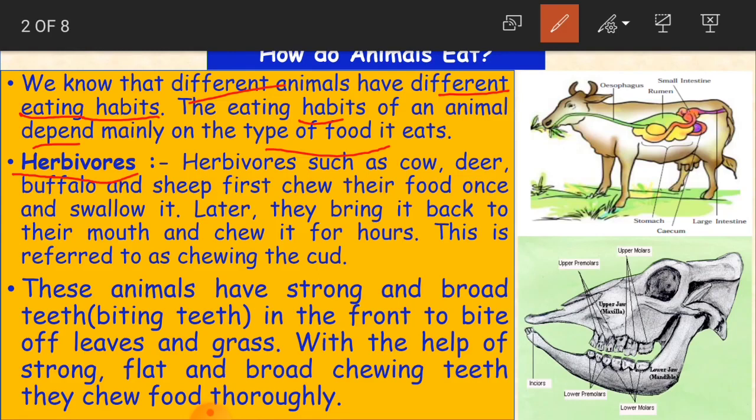Herbivores such as cow, deer, buffalo and sheep, how do they eat? They first chew their food once and swallow it. When they take food into their mouth, they chew the food and swallow it. Later they bring it back to their mouth and chew it for hours.